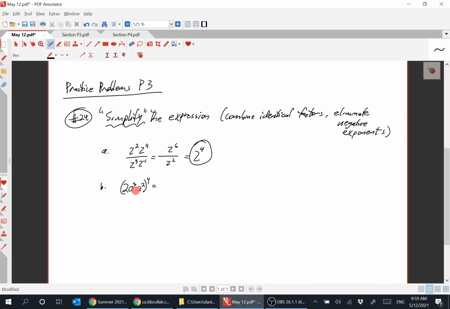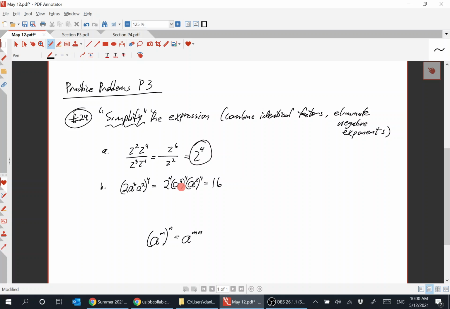So here, maybe we'll do it that way. This becomes 2 to the 4th, a to the 3rd to the 4th, and a squared to the 4th. 2 to the 4th is 16. Now remember, a to the m to the n is a to the m times n.